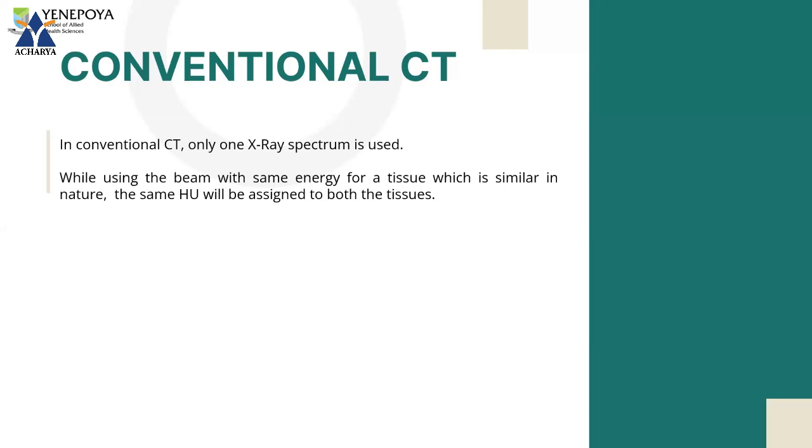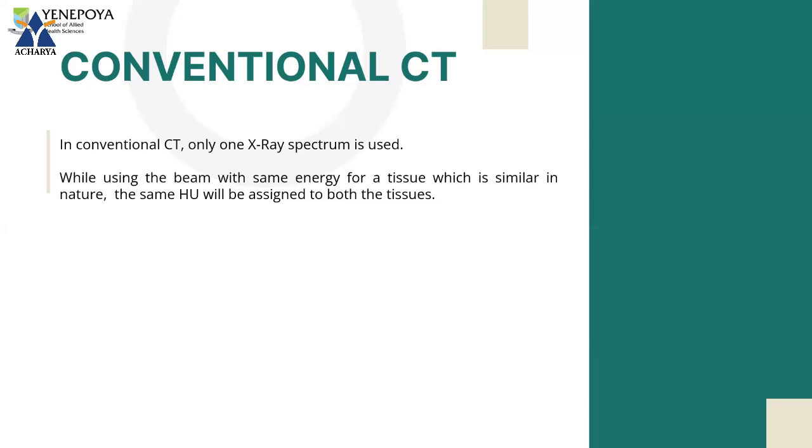So it becomes difficult for us as well as the radiologists to differentiate between these two structures, because the energy of radiation you have given is the same, and the density and atomic number of calcium and bone are quite similar. Because of this, the linear attenuation coefficient will be the same, and the Hounsfield unit assigned will also be the same. This makes it difficult for the scanner to differentiate between the two.